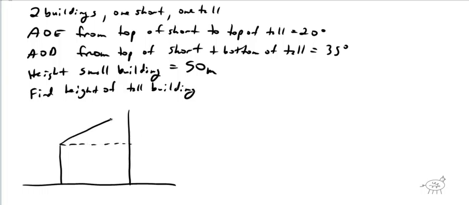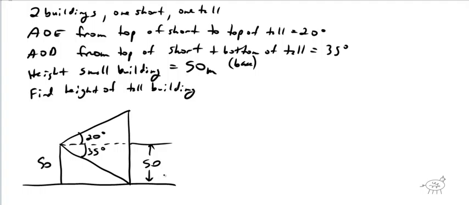The angle of depression from the top of the short, which is the left building, to the bottom of the tall, or I could say base if I wanted, is 35 degrees. So again, it's this way, and this is 35 degrees. Okay, and then the height of the small building is 50 meters. So I'm going to put 50 here, which just means this is 50 right here. Okay, and that's all you're given.